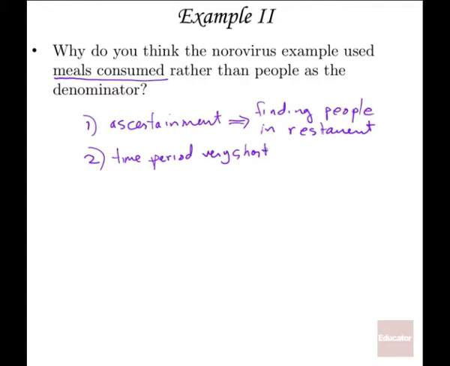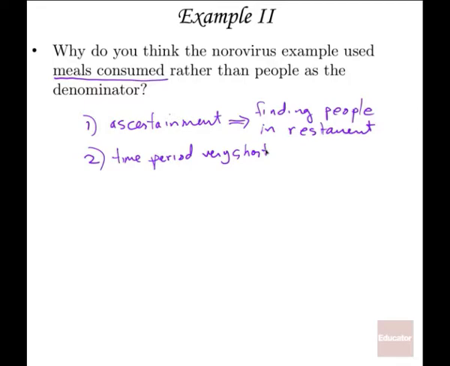So again, it brings up the important point about doing a good job choosing your denominators. So being very creative sometimes and very thorough and rigorous in finding that true denominator that really reflects the population at risk.